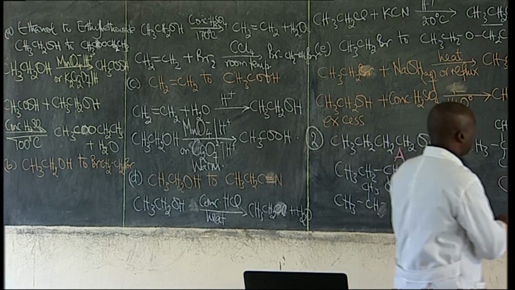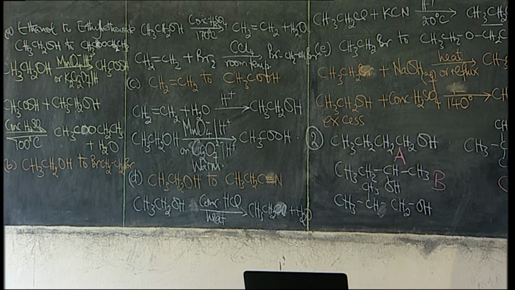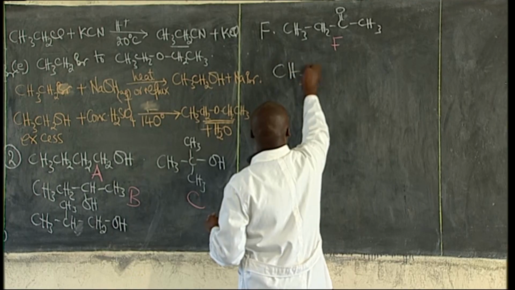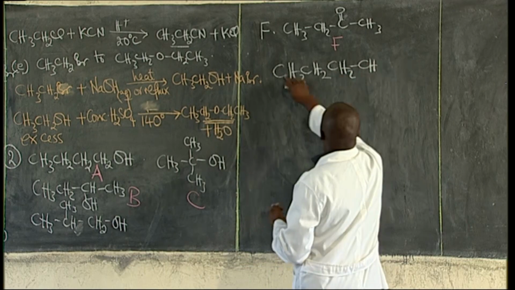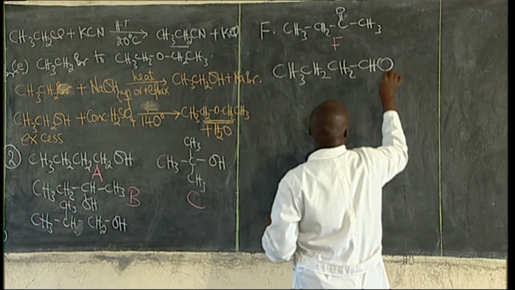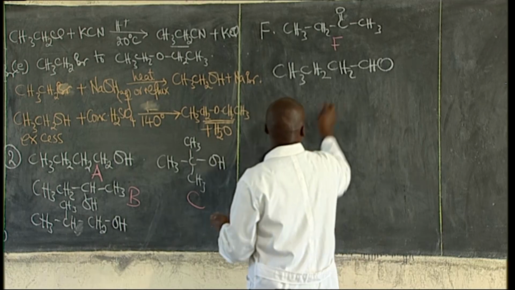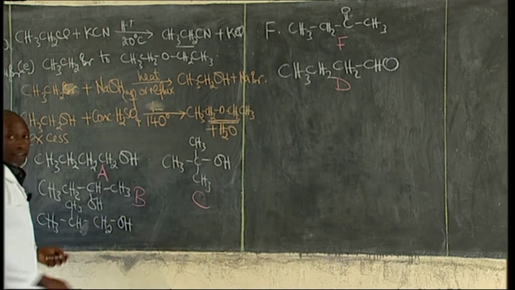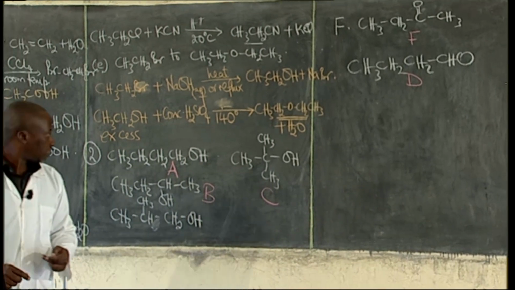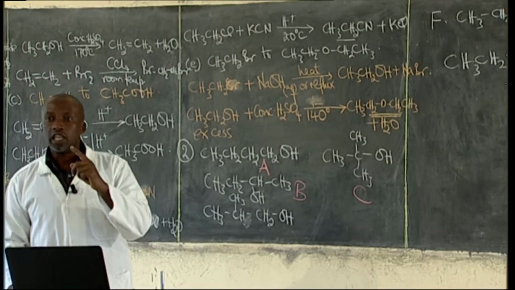So this is D: CH3CH2CH2CHO, carbons 1, 2, 3, 4. This is D, and that means this is A. Which one are we left with? E.